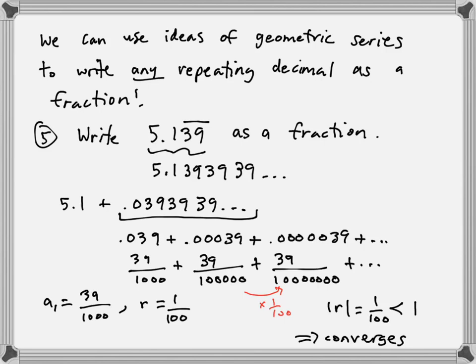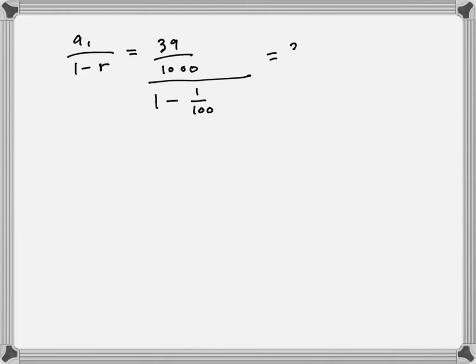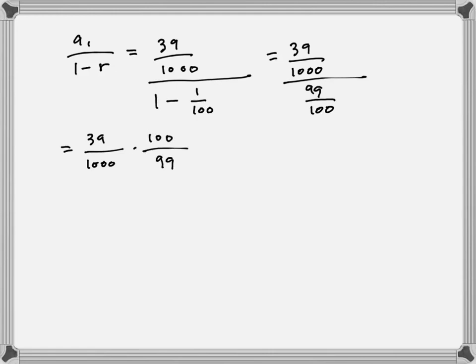What does it converge to? a1 over 1 minus r. What's a1? Remember, the first term was 39 over 1,000. And then 1 minus r. This is equal to 39 over 1,000 over 99 over 100, which is 39 over 1,000 times 100 over 99.